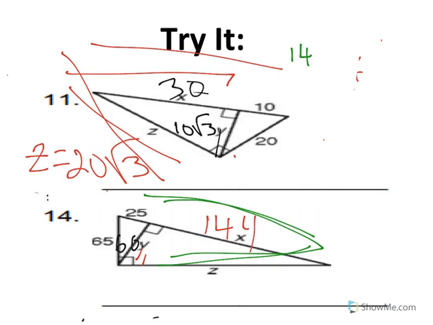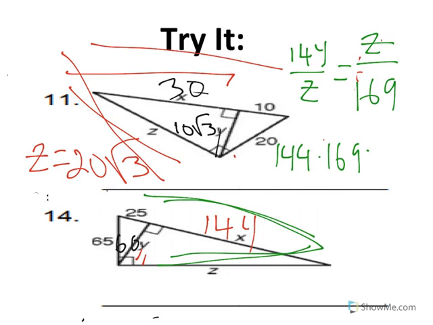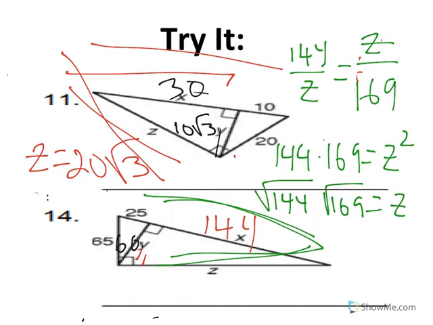So then 144 over z equal to z over 144 plus 125, which is 169. Right, so then 144 times 169 equal to z squared. So take the square root: square root of 144 and square root of 169 equal to z. And 144 is 12 and 169 is 13. So z equal to 12 times 13.